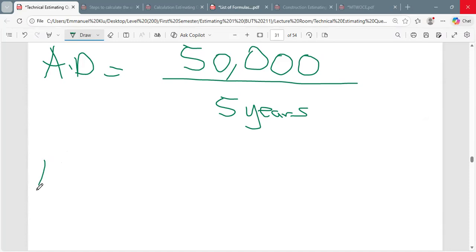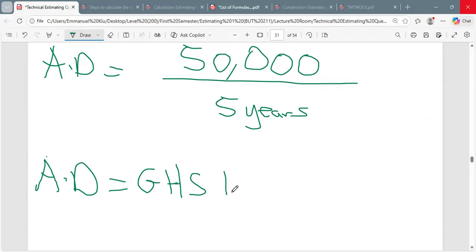So at the end of the day, our annual depreciation is equal to 10,000 Ghana cedis every year.